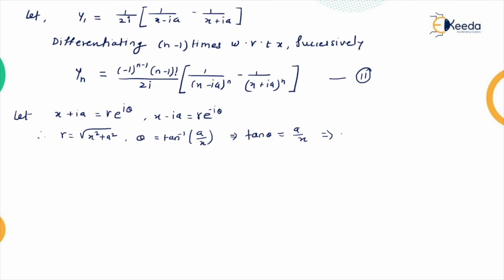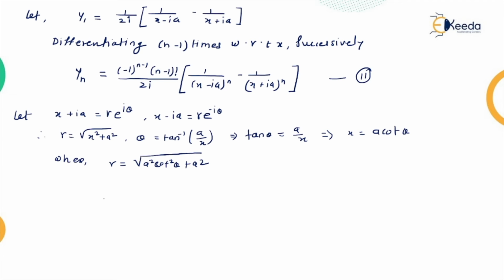So x is equal to a cot theta. Again I am writing r and resubstituting the value of x: x is a cot theta, therefore x square is a square cot square theta plus a square.